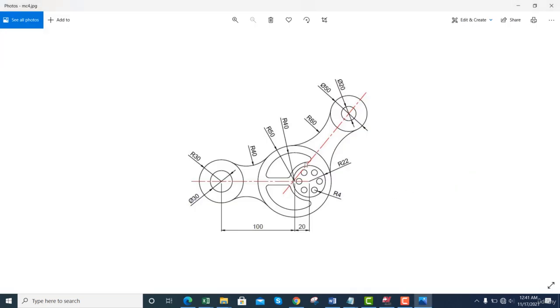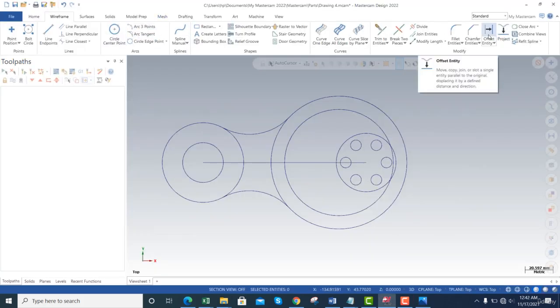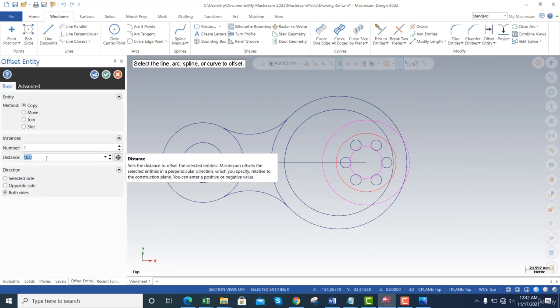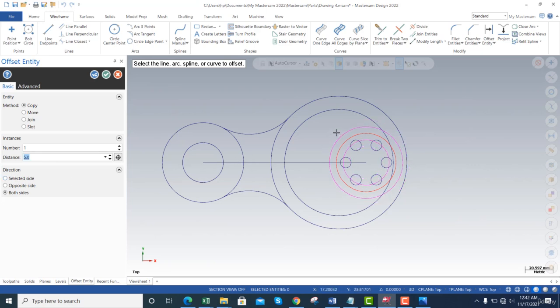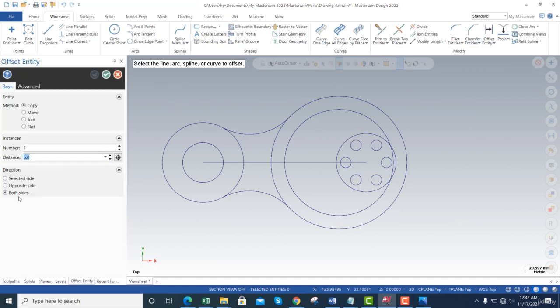Now I will offset this circle by 3 units, I say. Offset. Let's make 5 units on the selected side. Okay. Again do it. Offset, selected side, and 5 units. Nice.